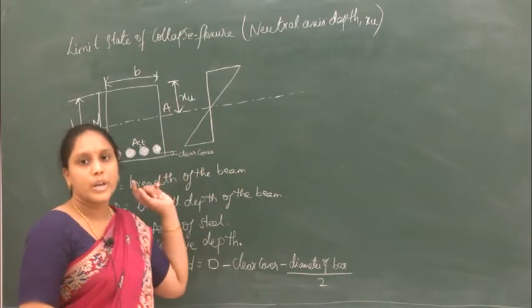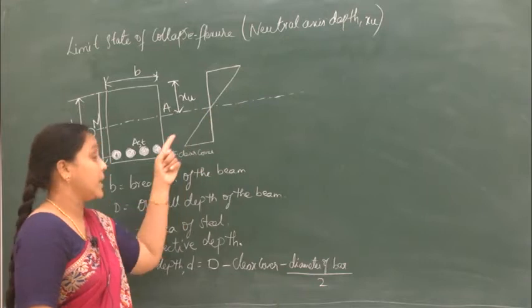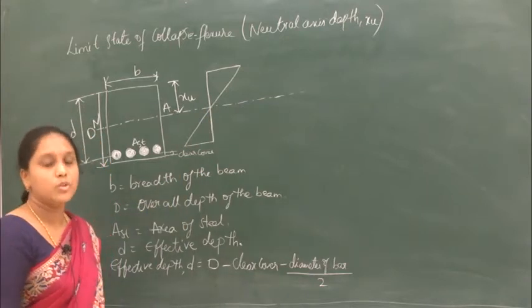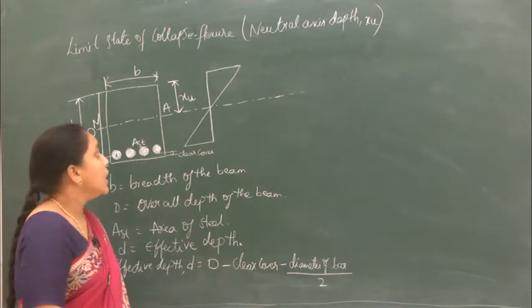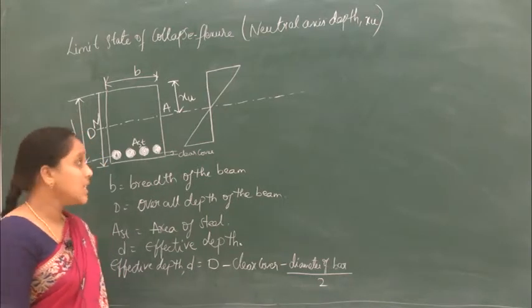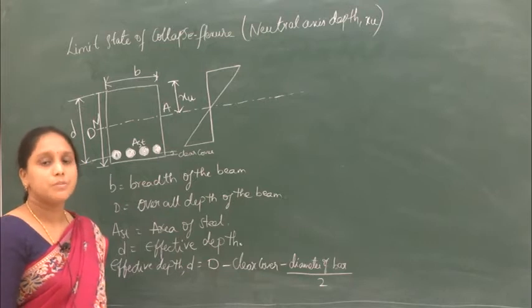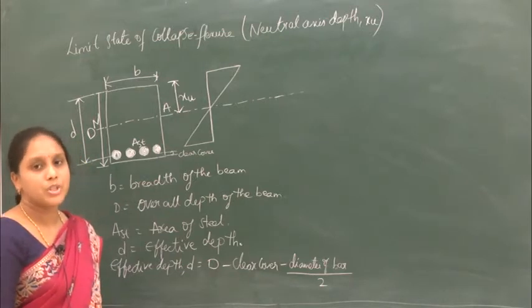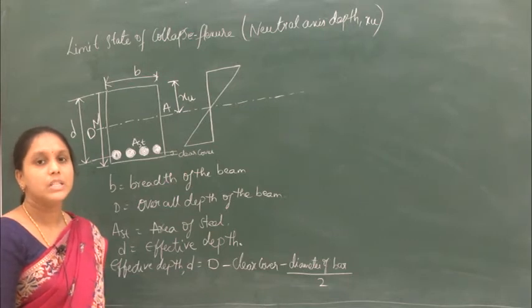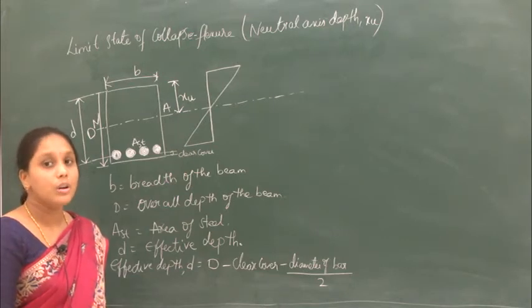So from this what you can observe is that the strain variation is linear. That is from the first assumption we have learned. And what is the next assumption? The next assumption is the maximum strain in the compression fiber is taken as 0.0035.